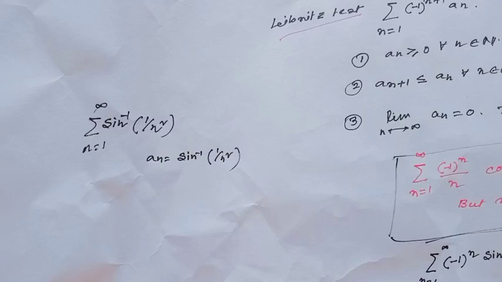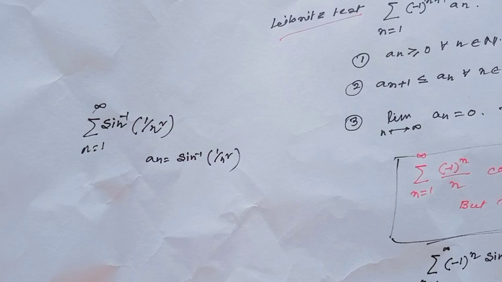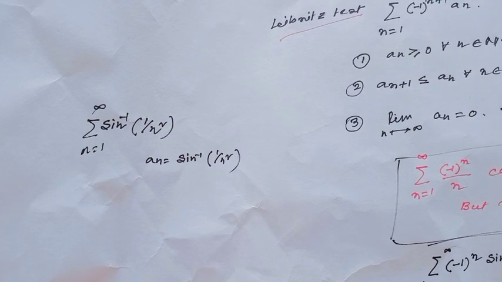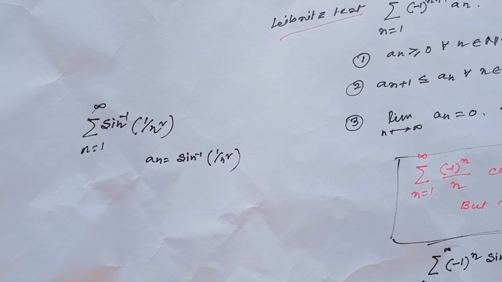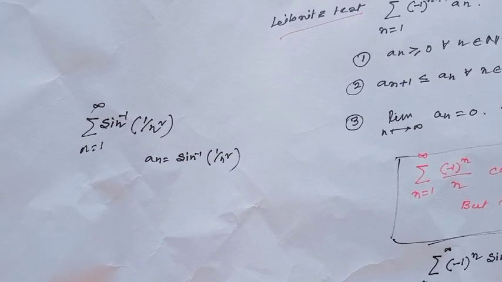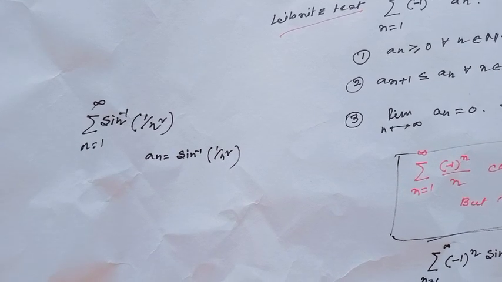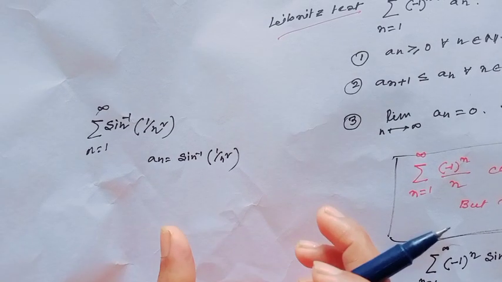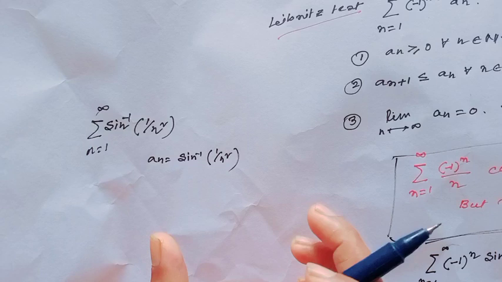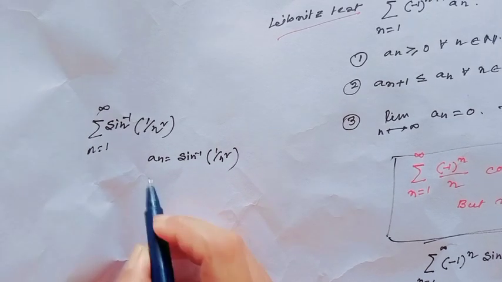Okay. Now I will see some examples of series which are convergent by the limit comparison test. The series n equal to 1 to infinity sin inverse 1 over n square. Here an equals sin inverse 1 over n square. Then here I will use the limit comparison, which means we have to choose bn.